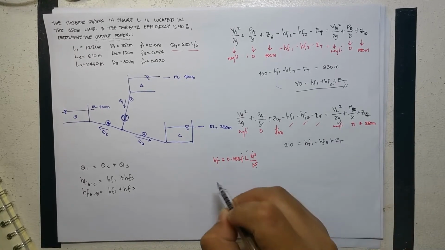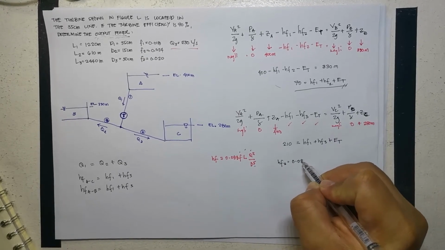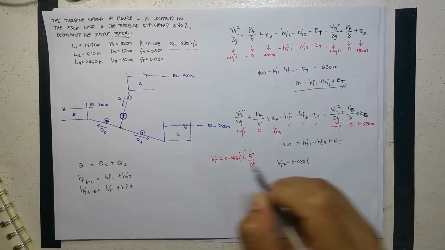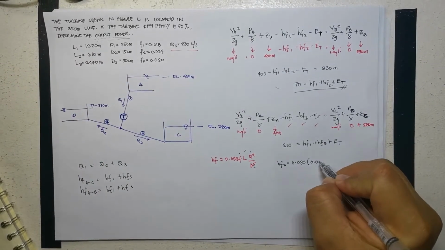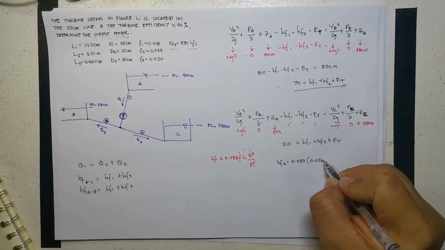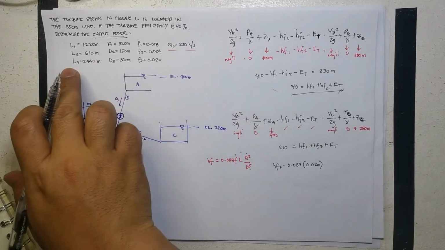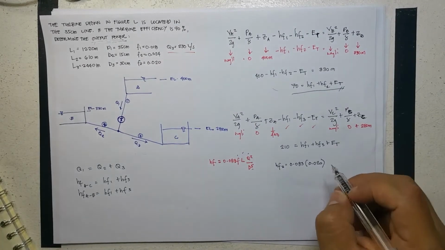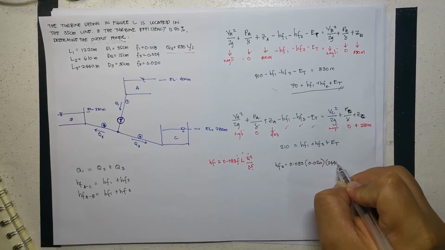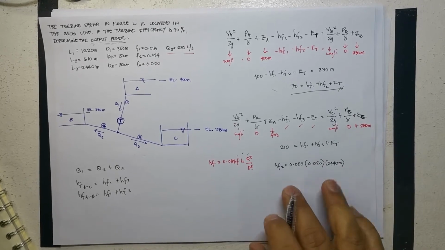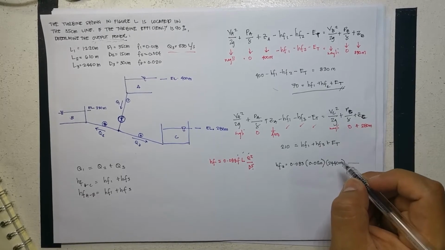Yan. So HF3 is equal to 0.083, F3 is 0.02, then L3 is 2,440 meters. And then Q squared, Q is 230 liters per second.